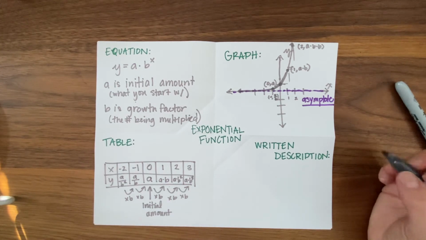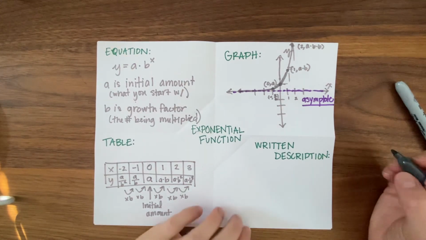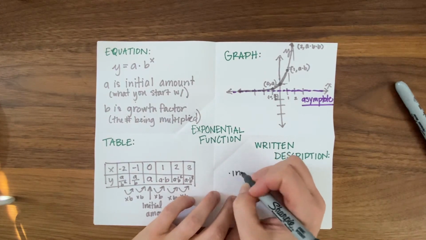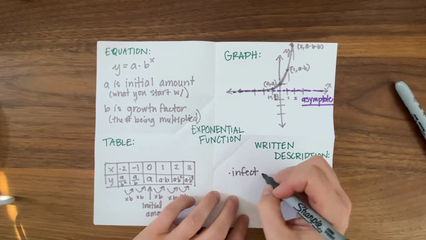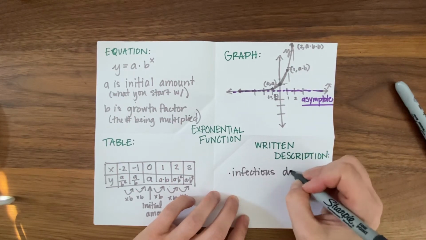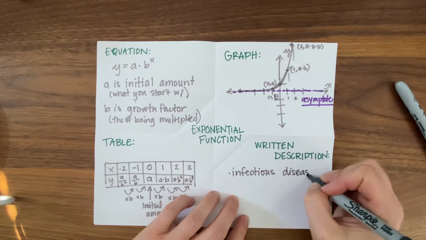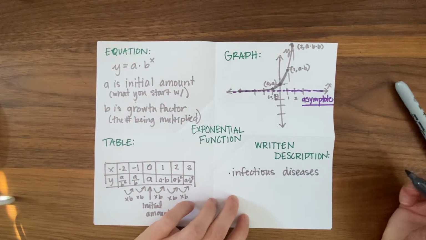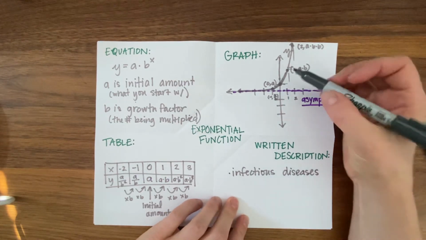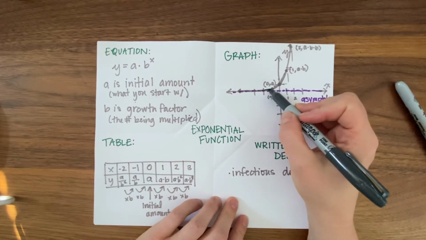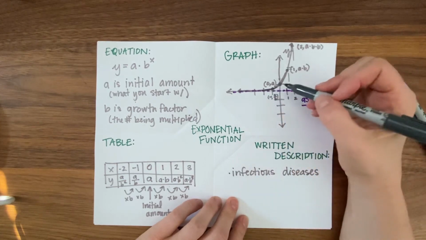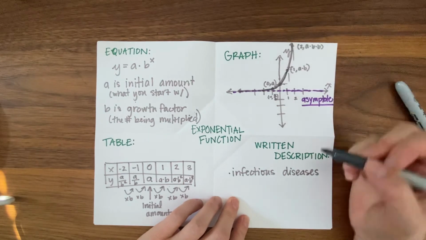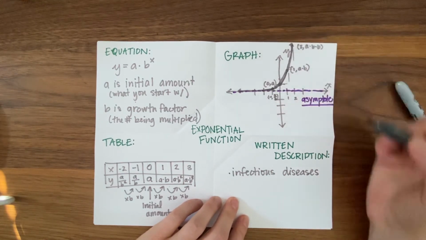Where do we see exponential growth? One example that we're living is with infectious diseases. One of the reasons why we need to stay home and make sure that we're safe from COVID is because at first, we see slow growth, but then all of a sudden, when more people get sick, they infect more people, and we get this very scary curve like that.